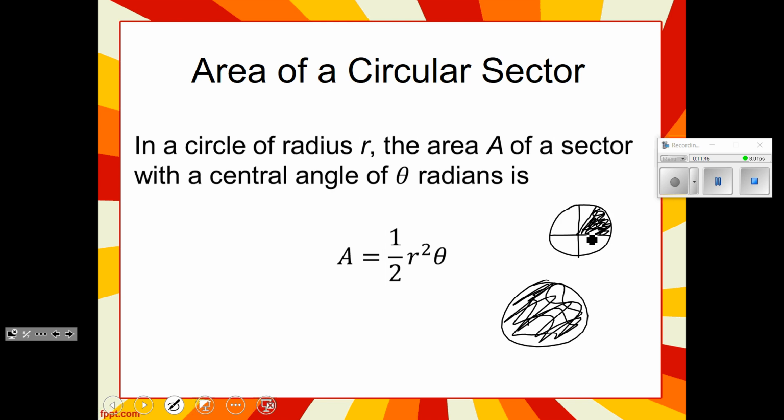To find that, you're going to use the formula 1/2 r squared times theta. And of course, what do you have to remember? Theta has to be in terms of radians. Okay, and that'll give you the area of that sector. Any questions so far?